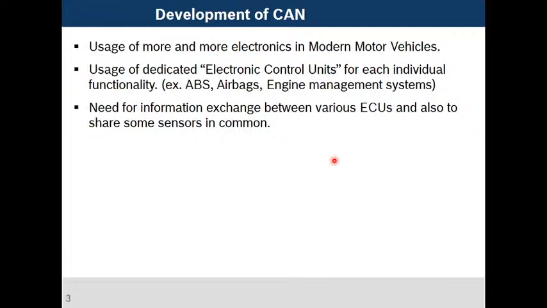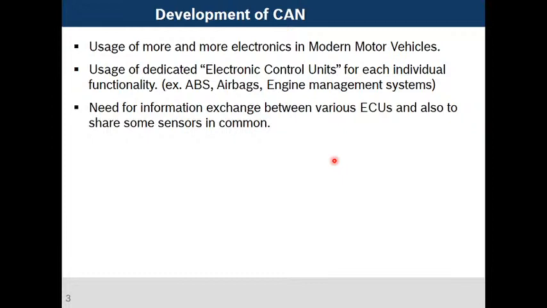These are a lot of ECUs, the electronic control units used in a car. These have to communicate with each other. The powertrain system will communicate with the engine management system, and the braking system will communicate with airbags. This kind of communication happens in each and every car.